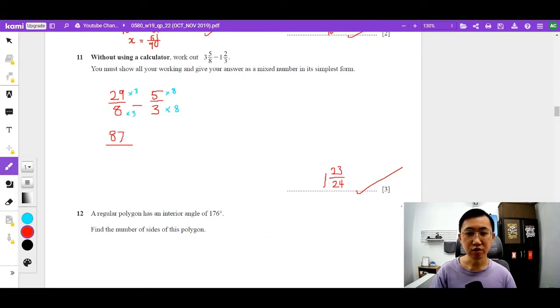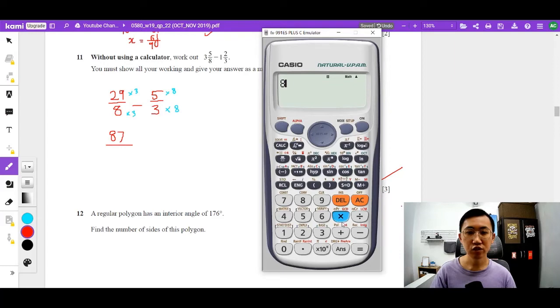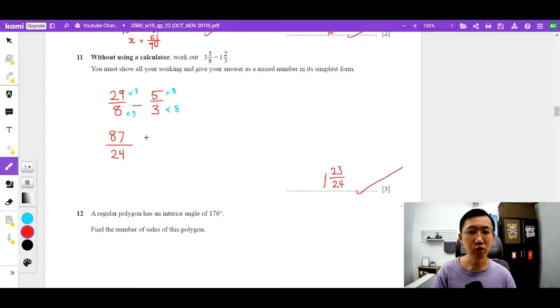Now 8 times 3, that will be 24, just check. Alright, 24, so we are making the denominator 24, minus. So 5 times 8, that will be 40 over 24. So here, right, they will make sure the denominator is the same, then they will give you another 1 mark here. Alright, so let's solve this. 87 minus 40.